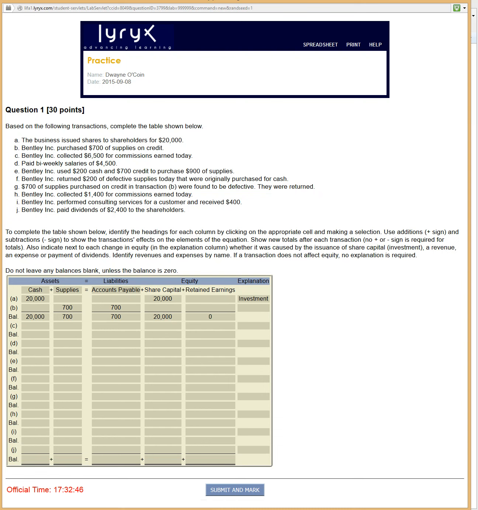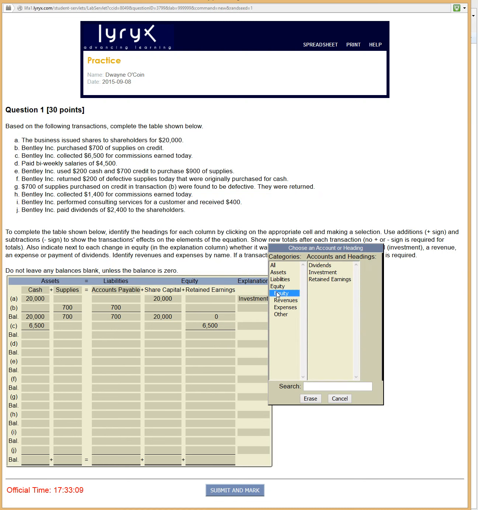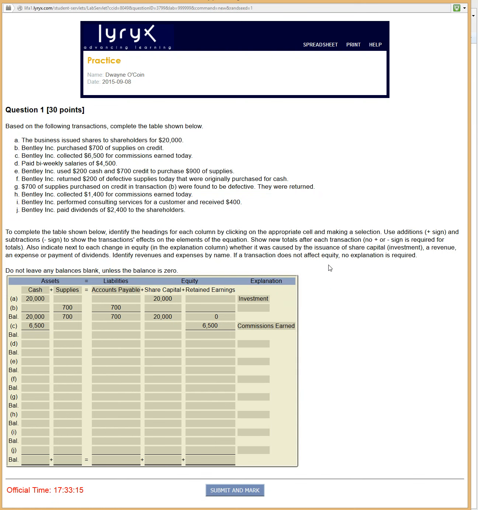Now it says Bentley collected $6,500 for commissions earned today, so our cash is going to go up by $6,500, with no effect on supplies or accounts payable. It does affect retained earnings by $6,500, and we need to explain that it was because of revenue, and it would be commissions earned.